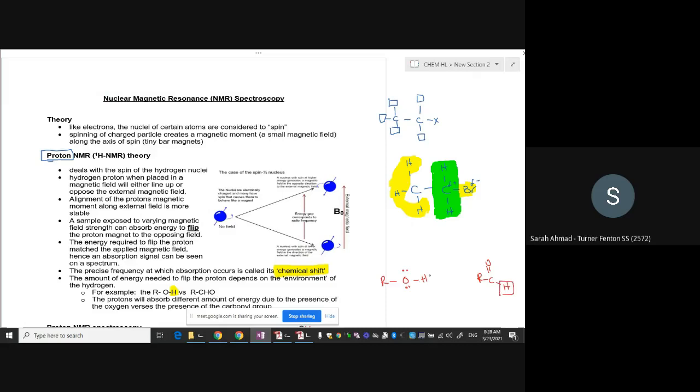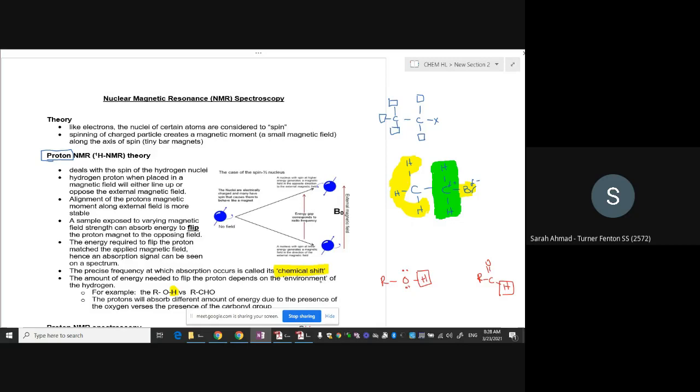So this hydrogen and this hydrogen will have different chemical shifts because the type of atom next to them will have different impacts on taking the electron density in. Or remember, we talked about alkyl groups having the ability to pump electron density back. So those factors affect the place in which the absorption happens.